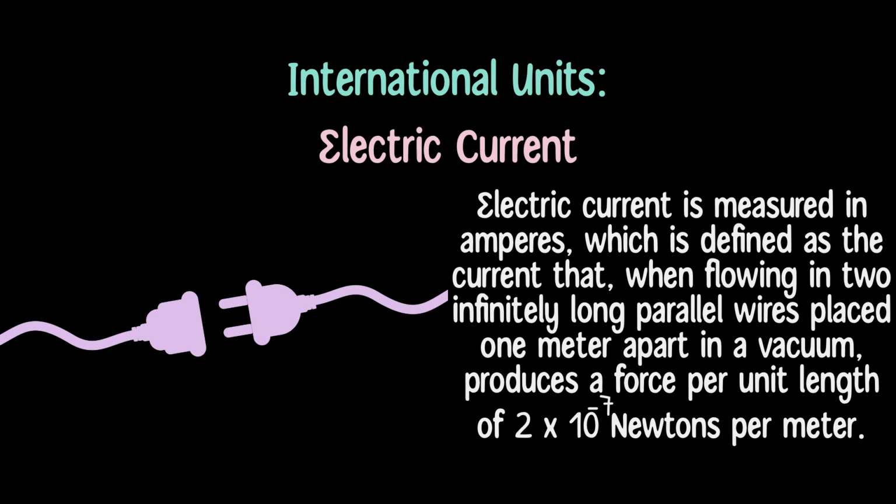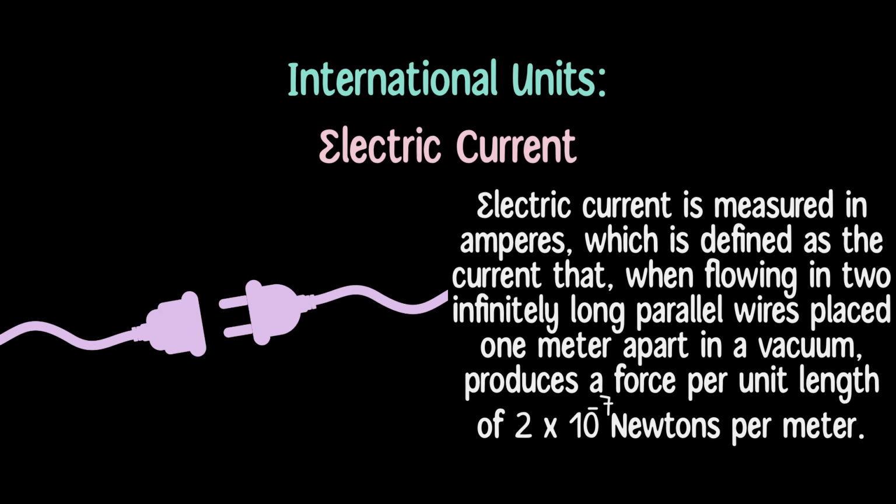However, more accurate measurements later revealed that this current is actually less than the 1 ampere that scientists thought they were measuring, and is now defined as the current that, when flowing in two infinitely long parallel wires placed 1 meter apart in a vacuum, produces a force per unit length of 2 into 10 to the power minus 7 newtons per meter, which is just perfect.